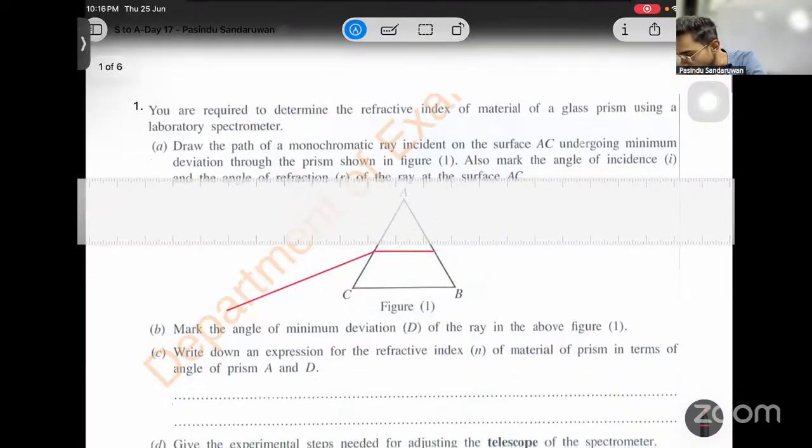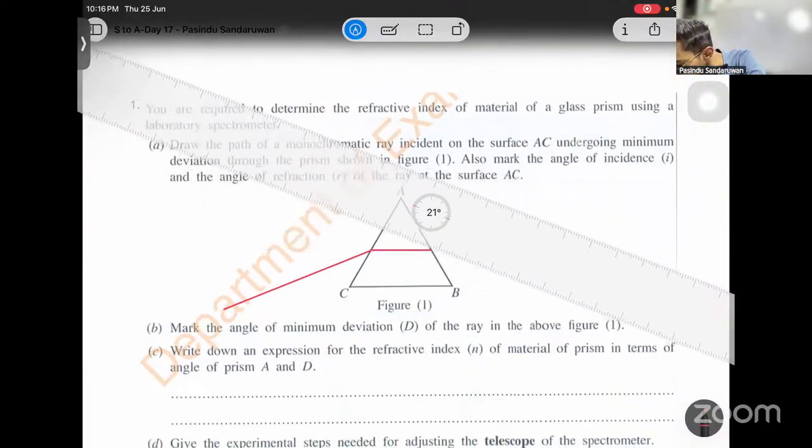Neglect the unwanted parts. Now it's correct. And say this is the emergent ray.